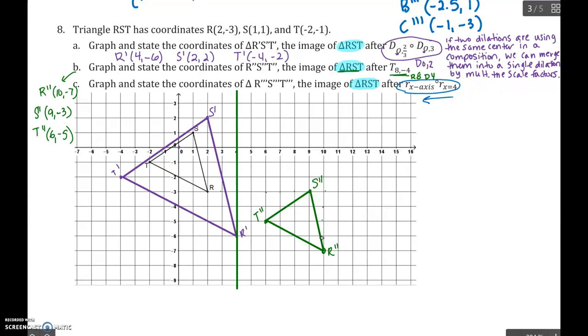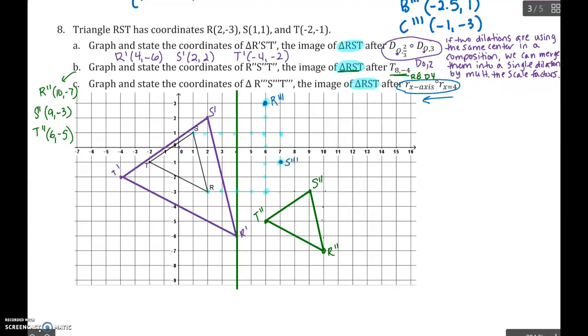So to reflect it over x equals 4, I'm going to start with R. We're going to go 1, 2 units to get to the line, 1, 2 units to get past it. And we would be here, and then we're going to reflect that over the x-axis. So we're going to move to this point here. And this will be our R triple prime. Same thing with S. We're going to go from the original S, 1, 2, 3 units to get to x equals 4, 1, 2, 3 units past, and then we're going to reflect it over the x-axis to get here.